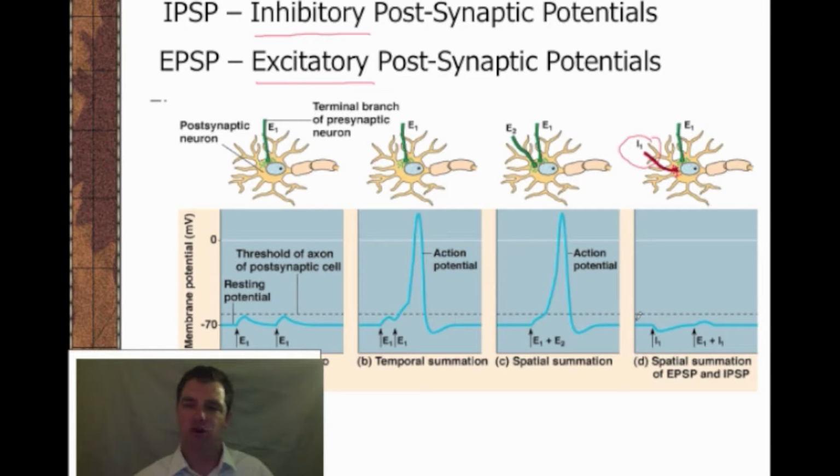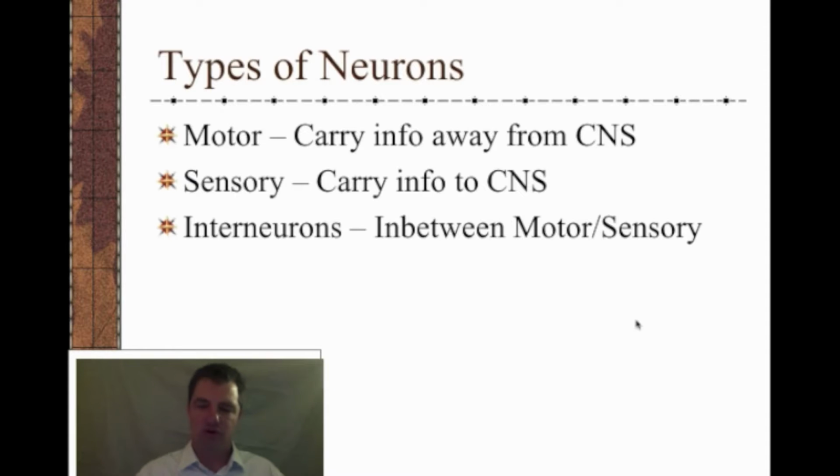So your nervous system is sort of this balancing play between the excitatory and inhibitory neurons working with each other to create a series of neurons firing or not firing at certain times. And that creates the whole picture of what we're going to talk about as we talk about the brain. Another way we can look at neurons is basically on where their information is going.